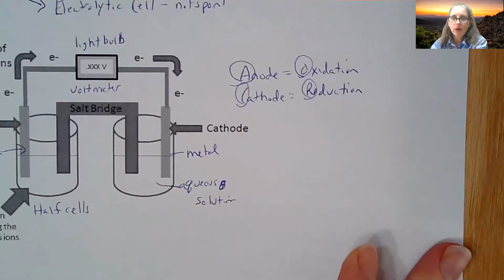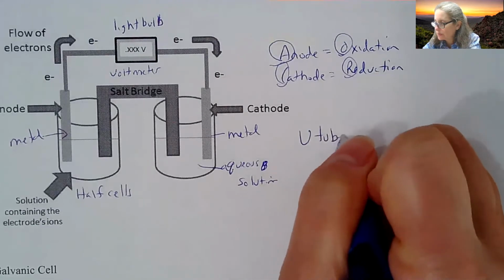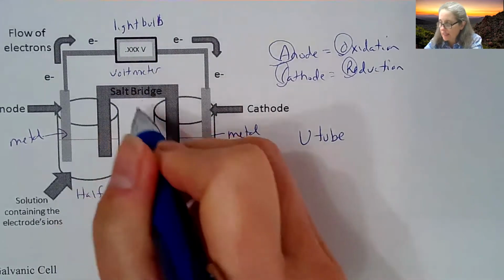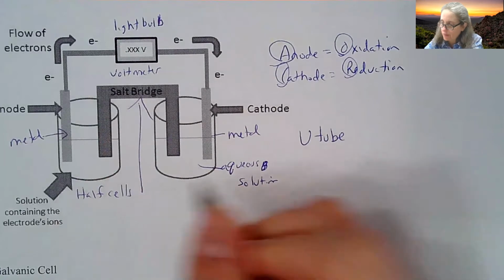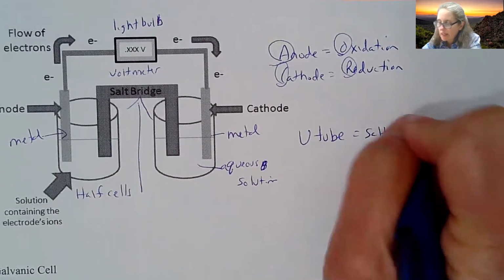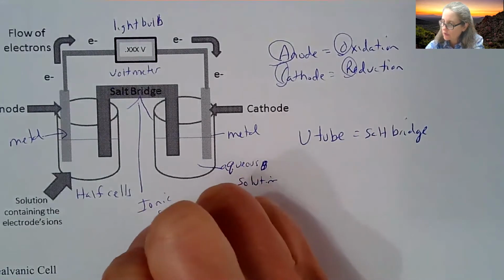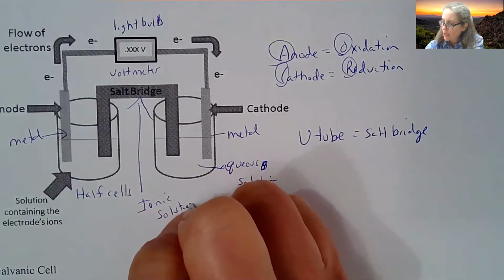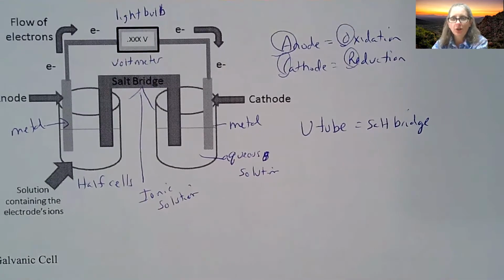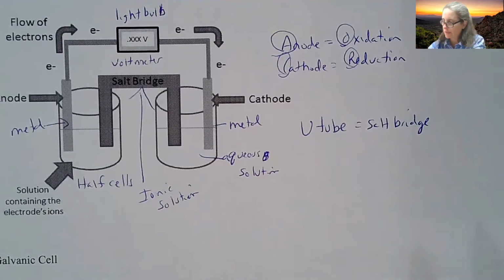The biggest question mark I always get with these is something called the U-tube, and that is what this is. The salt bridge itself is some kind of mechanism to have what we call an ionic solution free-flowing, because we have a buildup of charge on either of the half cells. So there's a purpose to it.